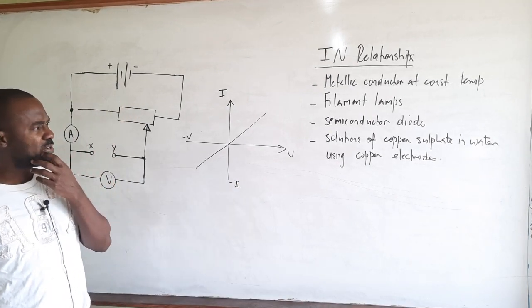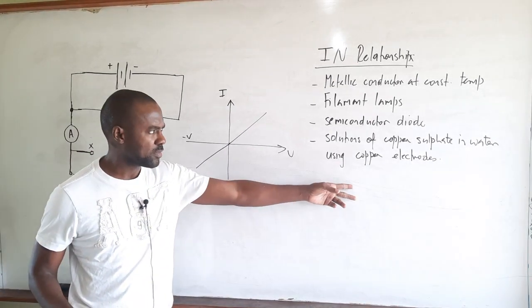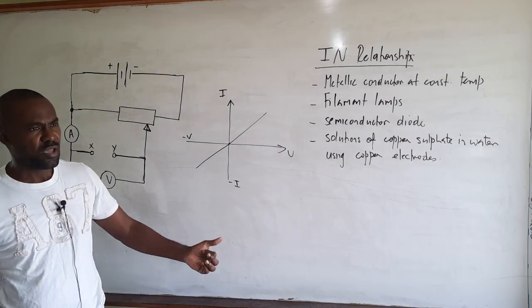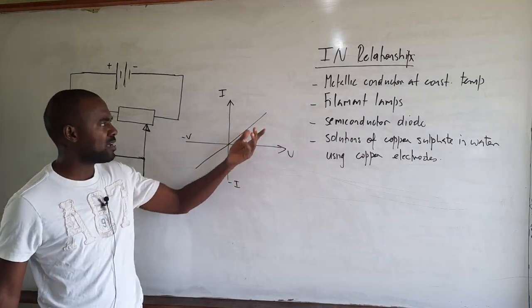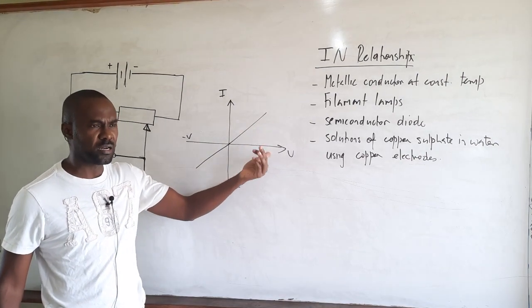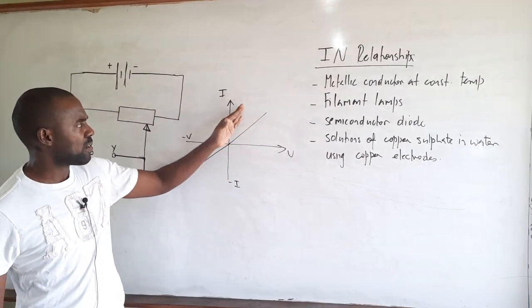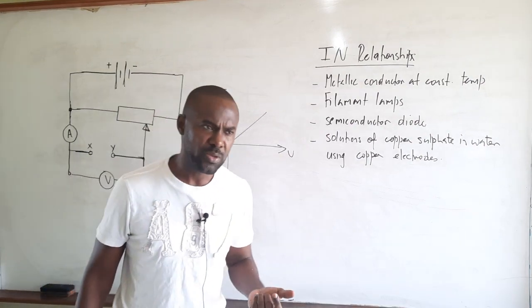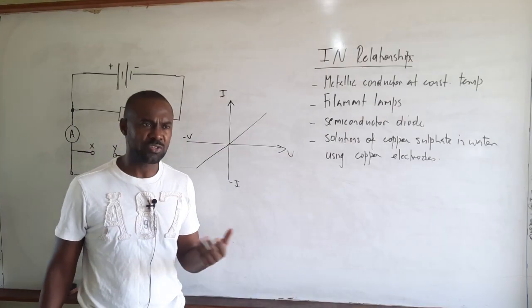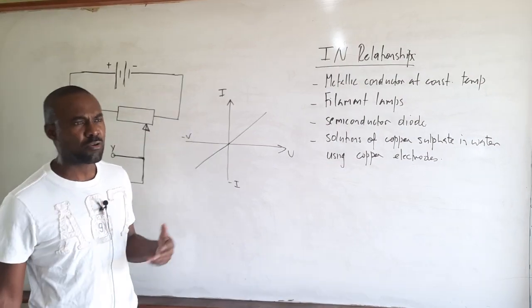The IV characteristic for a copper sulfate solution using copper electrodes is ohmic. In other words, it behaves exactly as an ohmic conductor would, or a metallic conductor at constant temperature. The graph of current against voltage is a straight line passing through the origin, which tells us that the current is directly proportional to the potential difference across it.